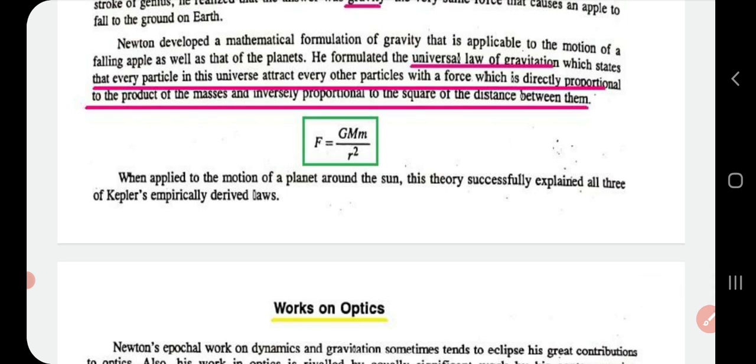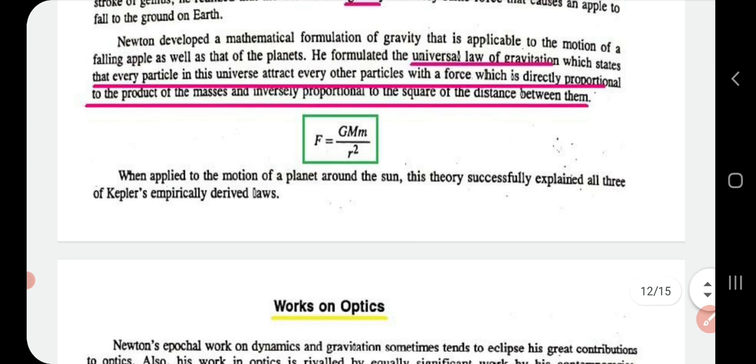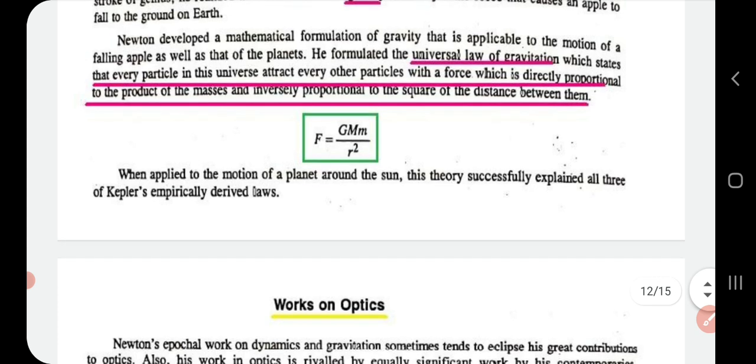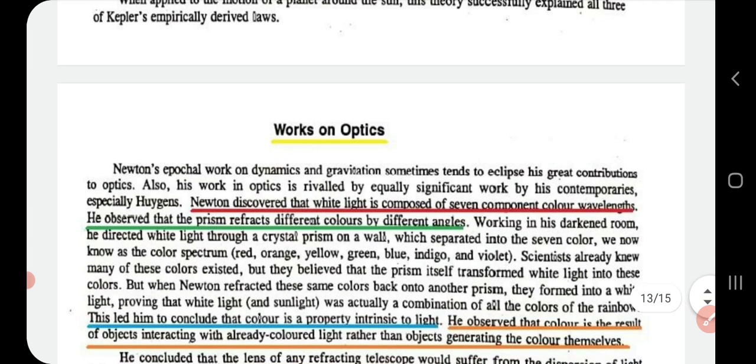So F is equal to G m1 m2 by r squared. F is the gravitational force, m is the mass of the objects, and r is the distance between the objects. When applied to the motion of a planet around the Sun, this theory explained all three planetary laws of Kepler.